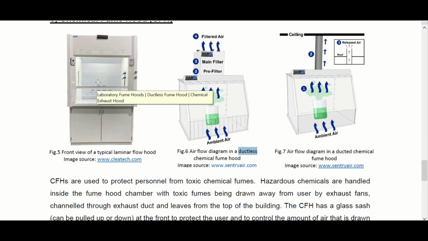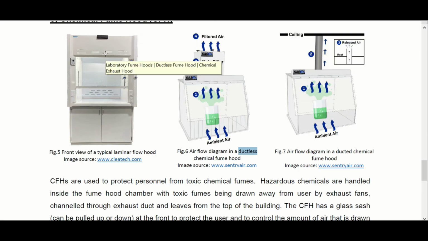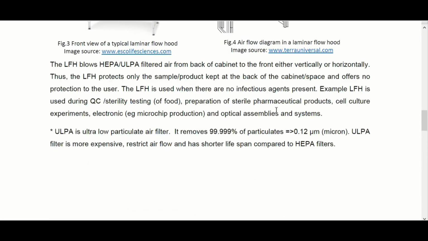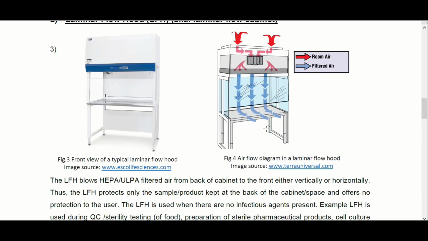And because of the sucking power of the exhaust, there's also no accumulation of the toxic fumes or gases, right? So the air direction in a chemical fume hood is this way. It's going upwards. It's opposite to the case of a laminar flow hood.